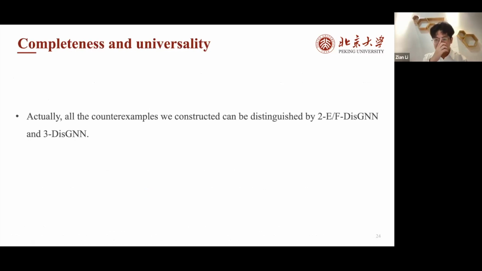So that's the first two perspectives of the theoretical expressiveness of our models, and we will show the most important part of our models, namely the completeness and universality of k-DisGNNs. And first, actually, as we can validate, all the counterexamples we constructed can be distinguished by 2E, 2F, or 3E DisGNN.